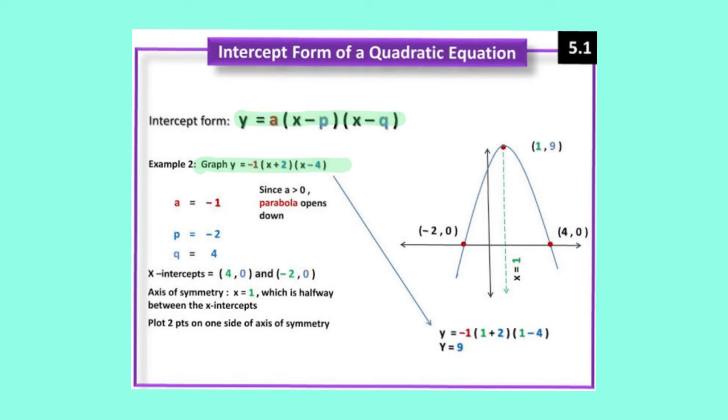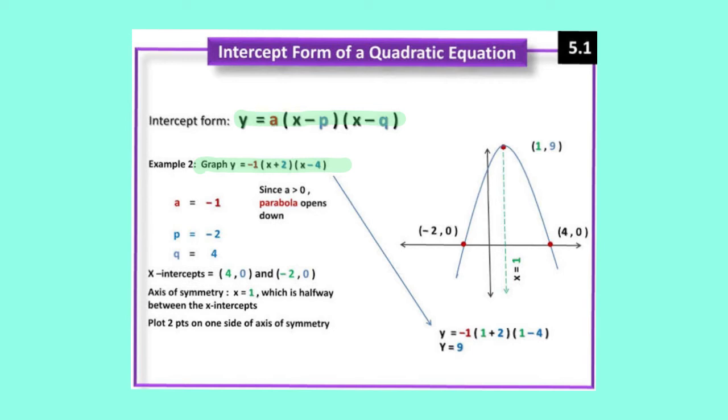The minus 1 tells us that the graph of this function is upside down, so it would look like an upside down U. The x-intercepts are at p equals minus 2 and q equals 4. So the x-intercepts are (minus 2, 0) and (4, 0).